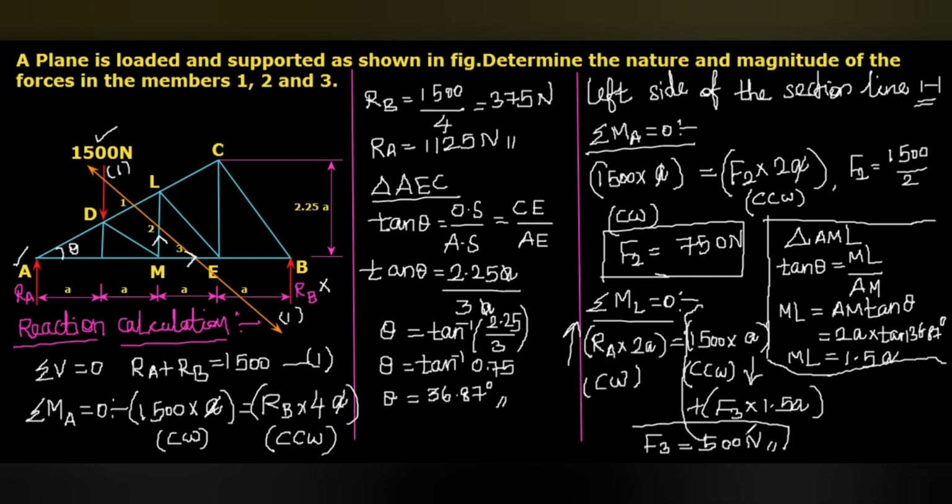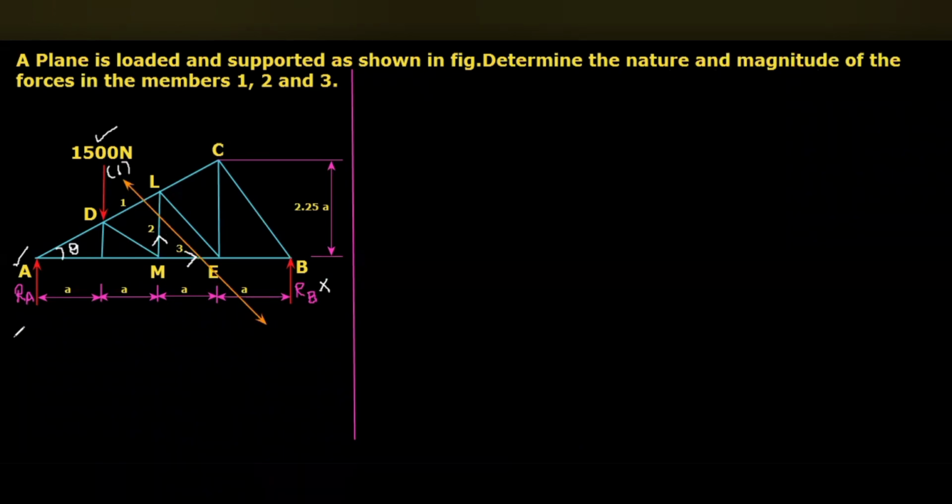So as of now, we calculated two forces among the three unknowns. Then one remains that we have to calculate, that is F1. To calculate F1, I am going to take moment about the point M, and that equals 0.